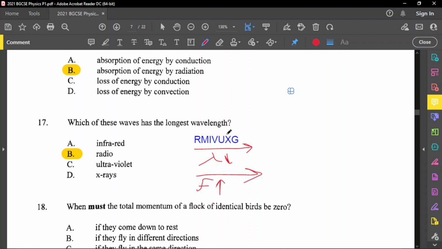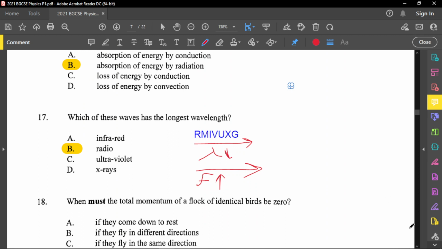And again, remember that X-rays and gamma rays are ionizing electromagnetic waves, and from ultraviolet into radio waves, those are the non-ionizing waves. Just to mention that there.